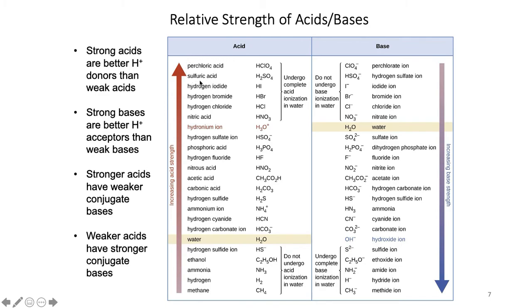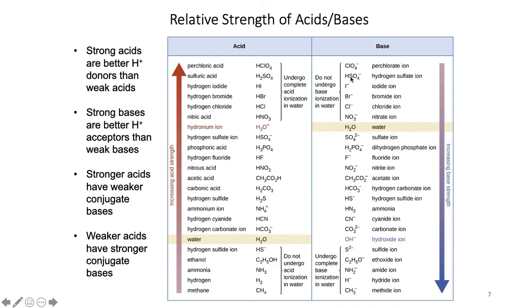Let's pick sulfuric acid because we're familiar with these acids. It's a strong acid, which means that because it's a strong acid, it fully ionizes in water. It completely splits apart to an H plus and HSO4 minus.